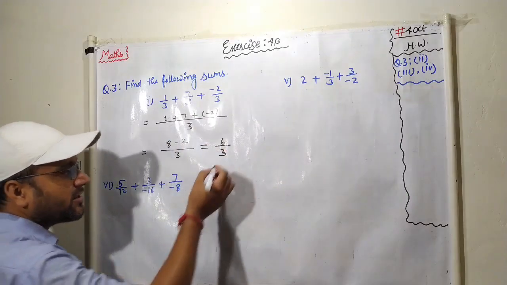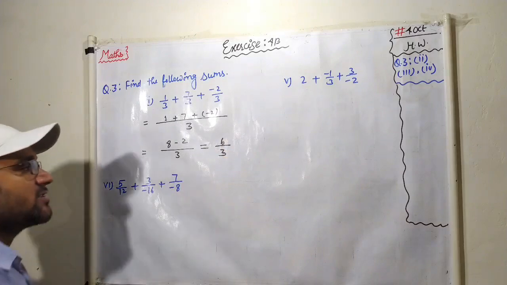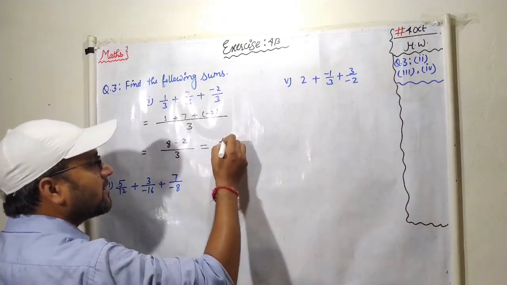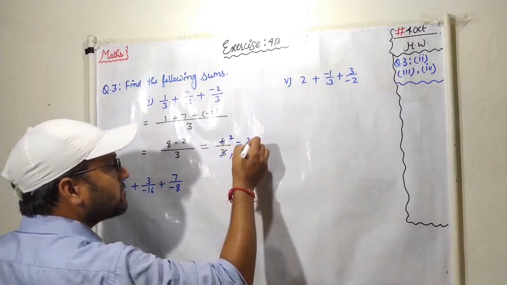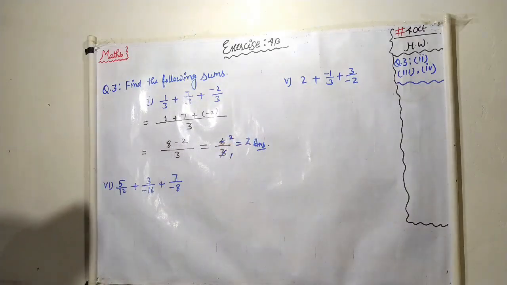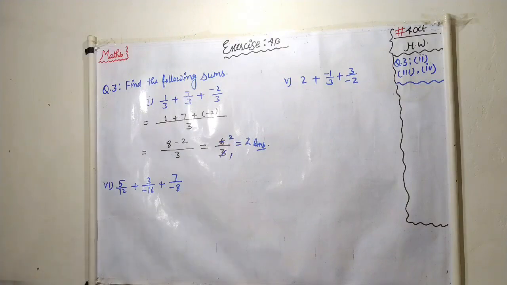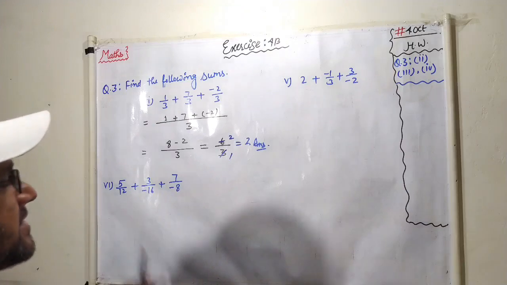You know that 3 ones are 3 and 3 twos are 6, so your answer for this case is 2, students. I think the first one is very easy. Now the second, third and fourth are the same.